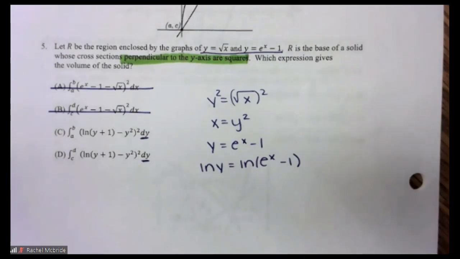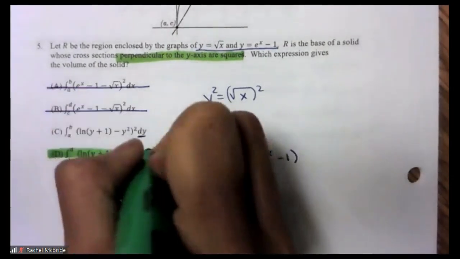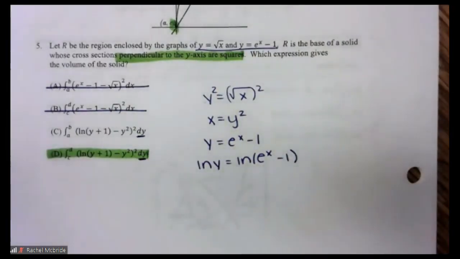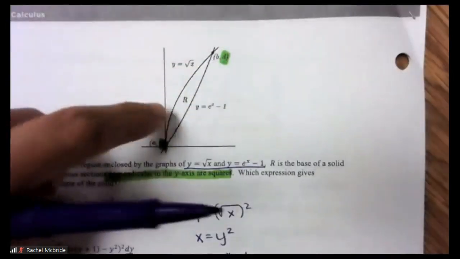How do I know which bounds are correct? I thought you had it. All right, Bethany, I tag you in. Perfect, you nailed it. It's C or D because you have to integrate with respect to the y values, so you have to go from the lower to the upper of the y's.